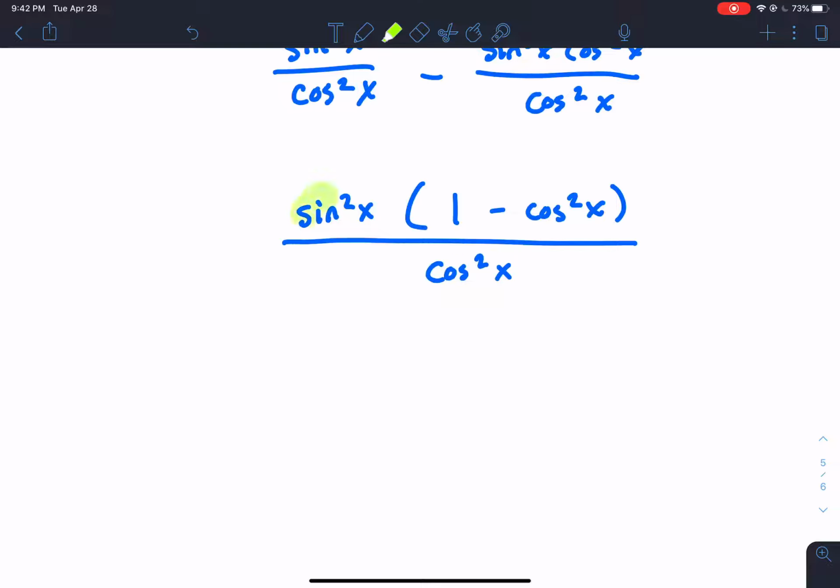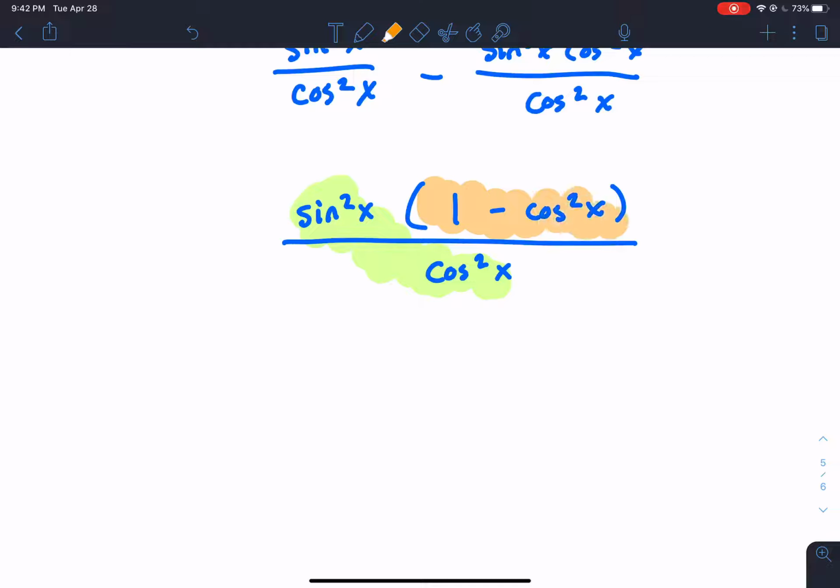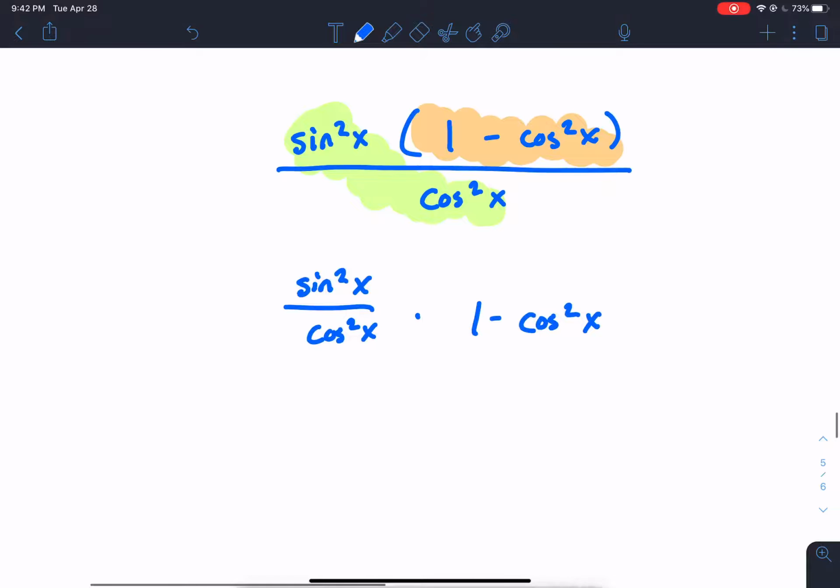So you're going to put this together as a fraction, and then this is going to be a separate fraction, but that's going to be over 1 because you're already using the cosine squared in the other term. So you got sine squared over cosine squared times 1 minus cosine squared. Sine squared over cosine squared is tangent squared, and then 1 minus cosine squared is sine squared.